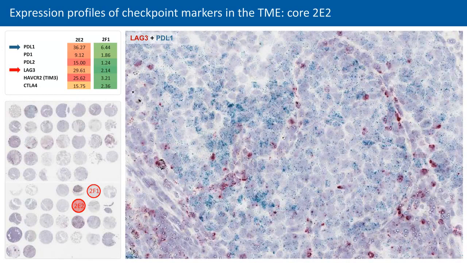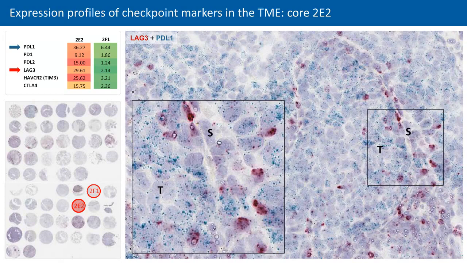Moving on to the next pair of checkpoint markers, for core 2E2, LAG3 dot signals are shown in red, again combined with PD-L1 mRNA expression in green. While PD-L1 is expressed in both tumor and stromal cells, LAG3 expression is most prevalent in immune stromal cells.